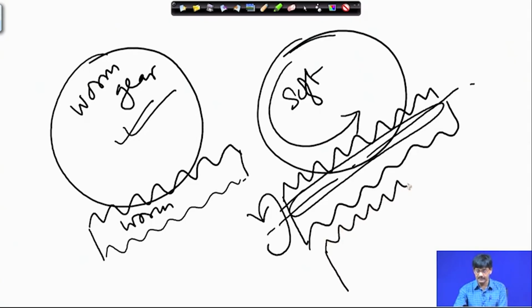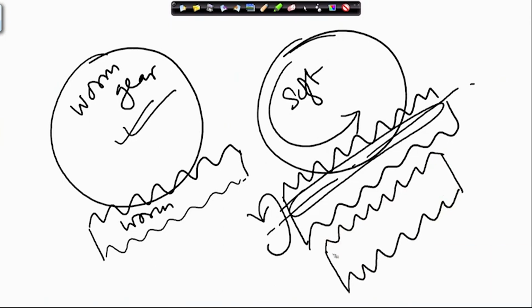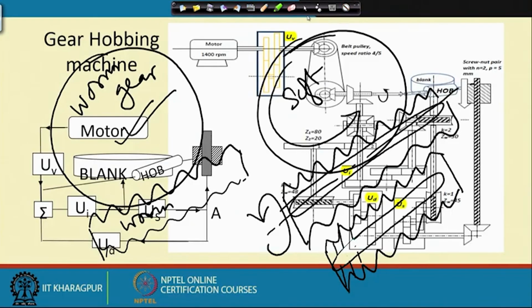So, you have a threaded element. Ordinarily it has smoothly running helical threads like these, but we remove material here so that it develops cutting edges. This is a cutting edge it develops.